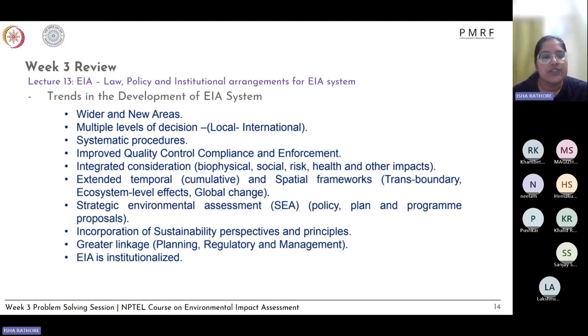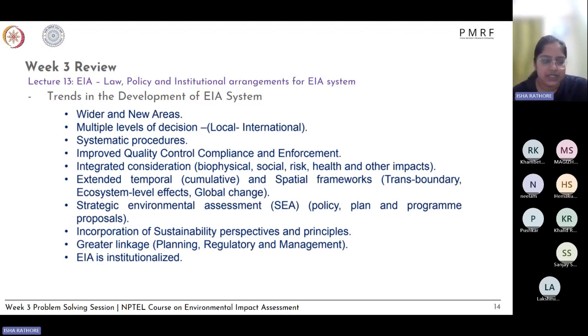We also have strategic environmental assessment, or the SEA, where we look at the environmental assessment of policies, plans, and program proposals. That is how they are going to be strategically implemented, and whether they have some sort of repercussions or negative aspects associated with them. So strategic environmental assessment has also become very common.